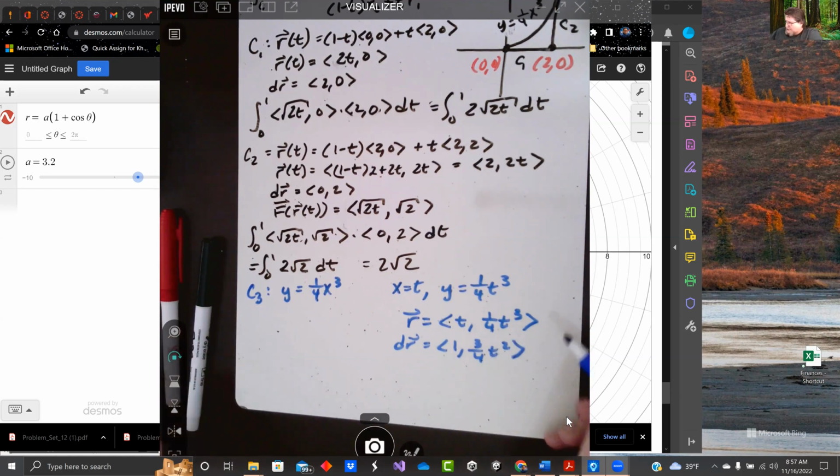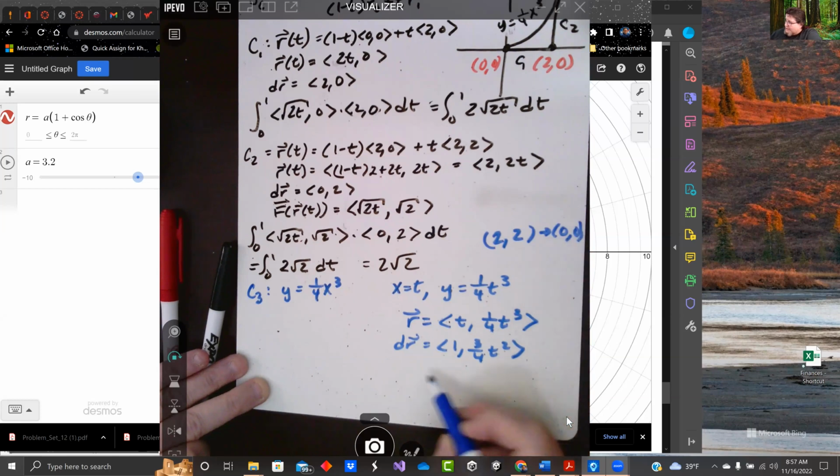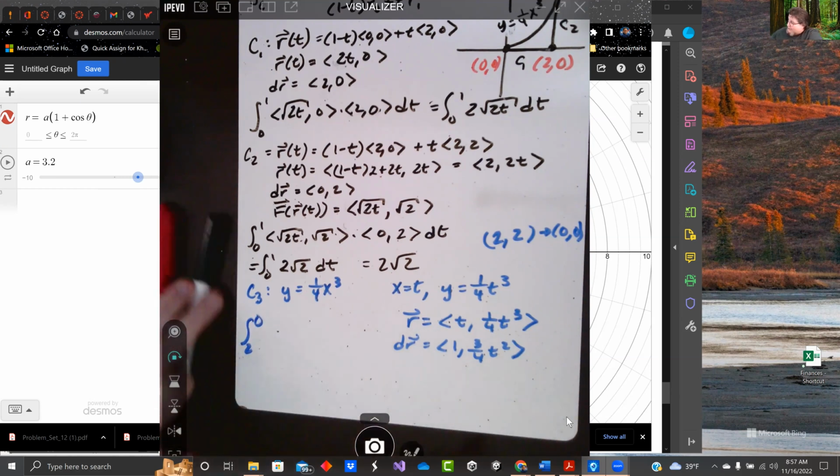And let's see, we started at 2, 2, and we're going to 0, 0. So the limits of integration here would be going from 2 to 0. So starting at 2 and going to 0.